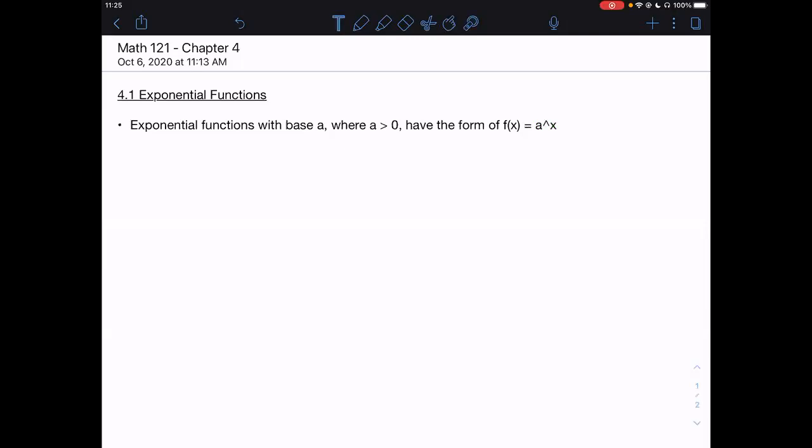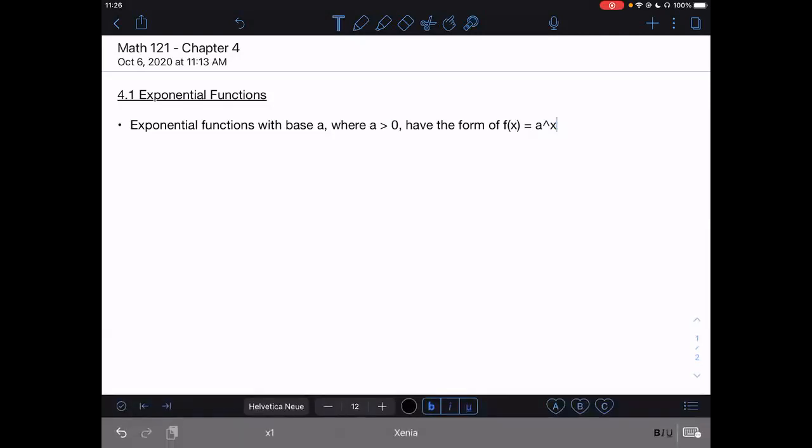Now, regarding this function, the graph of the curvature of an exponential equation can depend on what the value of a could be. And again, a has to be positive. a has to be greater than 0. x can be any real number, but a has to be greater than 0.